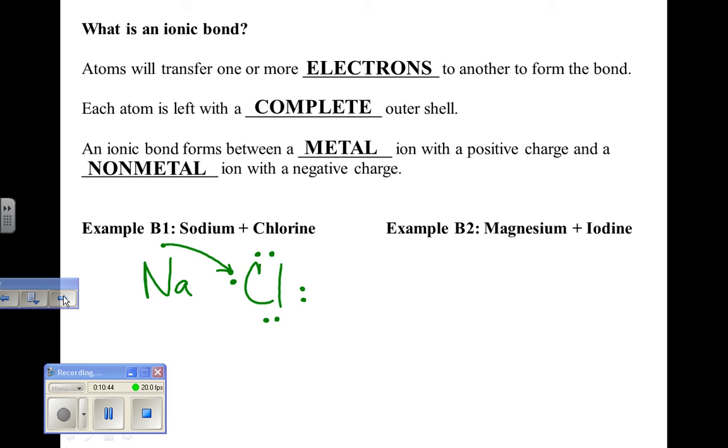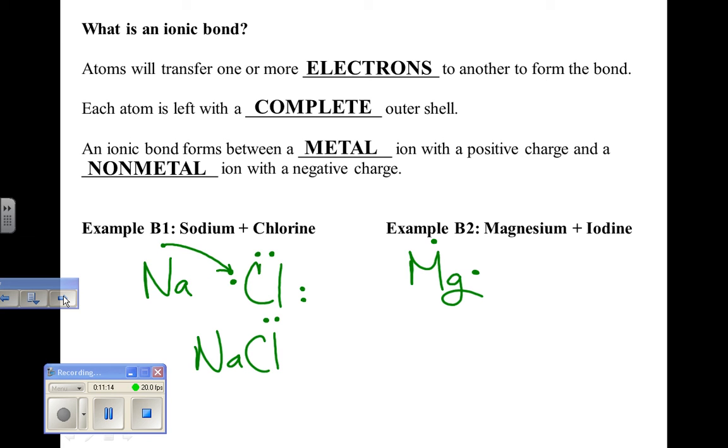Okay, let's draw magnesium and iodine. So here's magnesium. How many valence electrons? 2. Okay, draw the Lewis model for iodine.